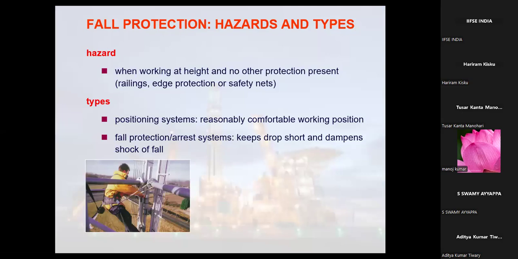Then here, fall protection hazards and types. So most of us are well aware of these hazards. When working at heights and no other protection is present, that means the first line. What is the first line of defense for the people who are working at the height?